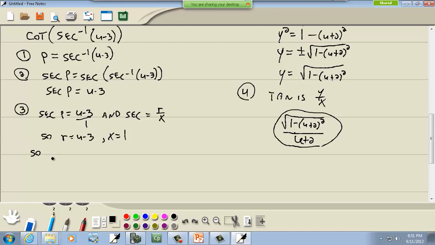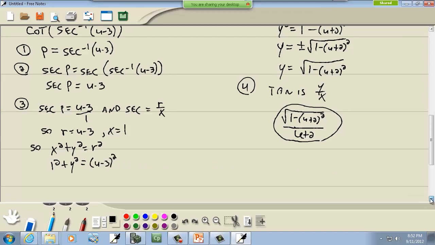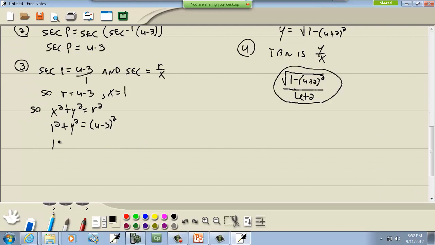So then we have x squared plus y squared is equal to r squared. We want to find out what y is. Well, x is 1, so we've got 1 squared plus y squared equals u minus 3 squared. So I get 1 plus y squared is equal to u minus 3 squared. Take the 1 over, and we get u minus 3 squared minus 1.